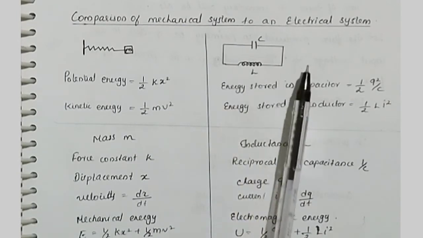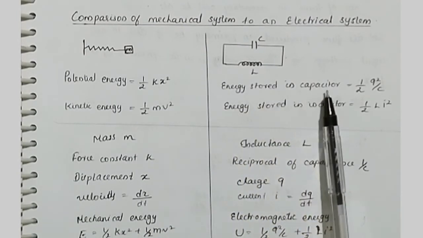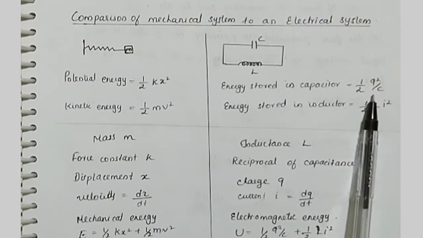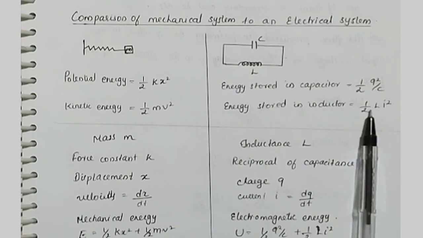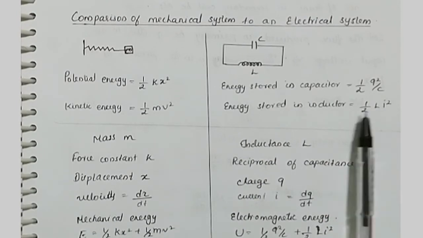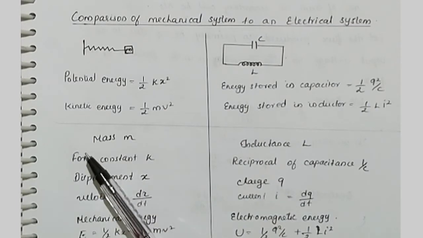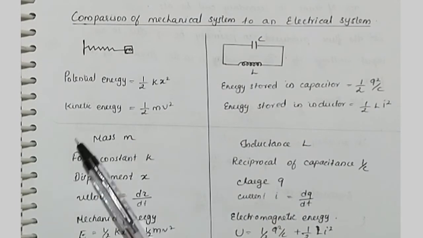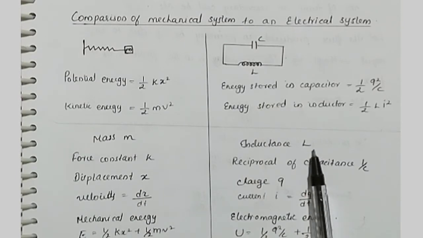Now, coming to our electrical system, the electrical energy stored in the capacitor is given by ½q²/C, whereas the magnetic energy stored in the inductor is given by ½Li². On comparison of these two systems, instead of mass in the mechanical system, we have inductance in the electrical system.